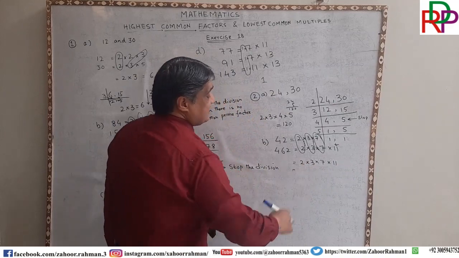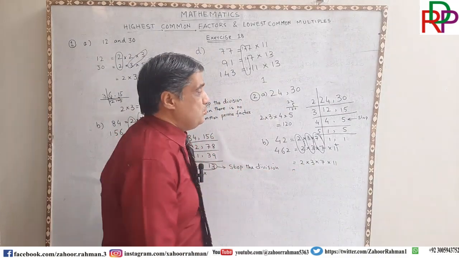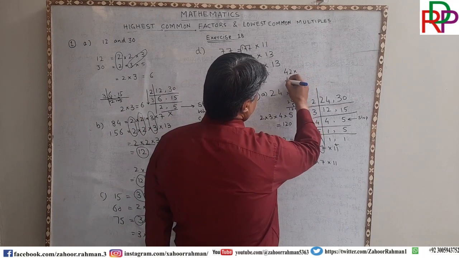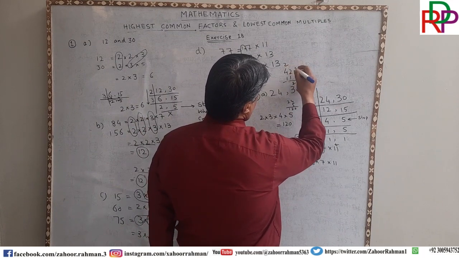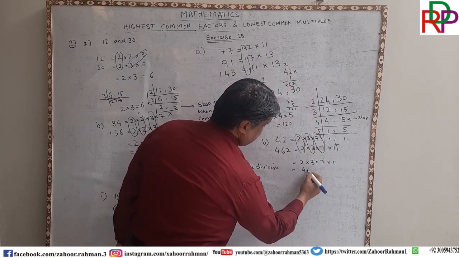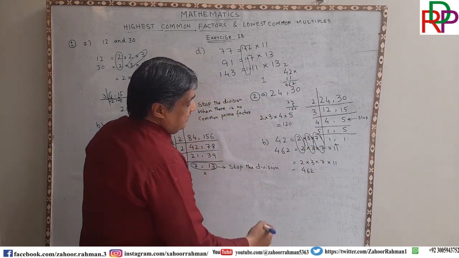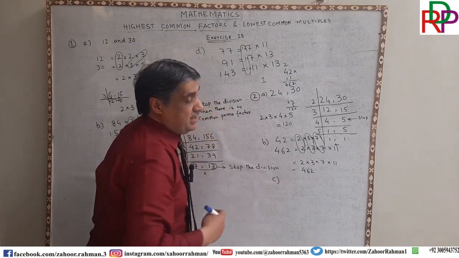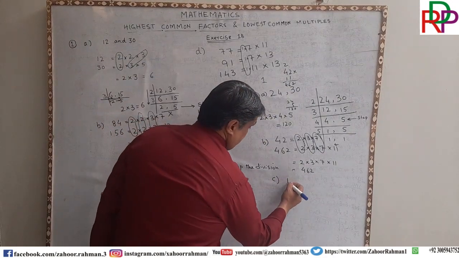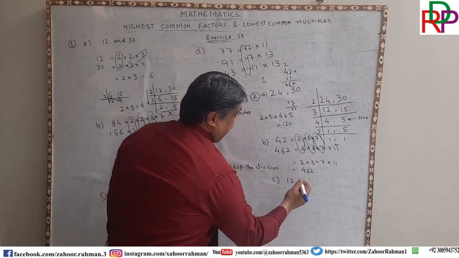So 2 3s are 6, 6 7s are 42, and 42 multiplied by 11 is 462. So 462 is the answer.